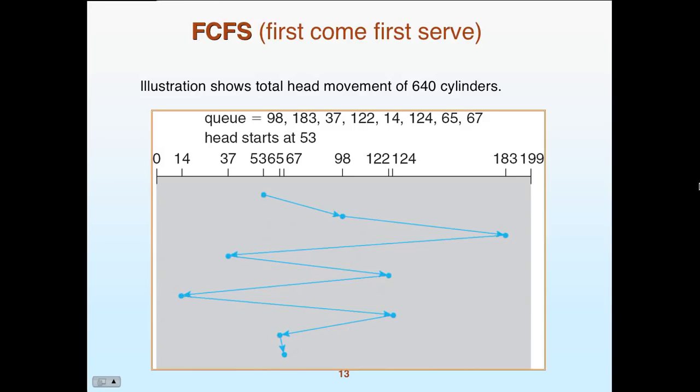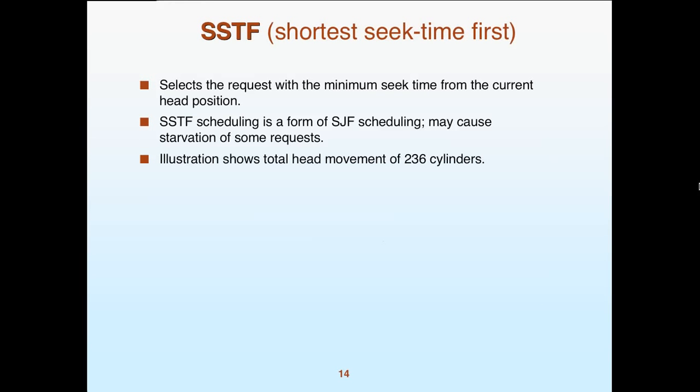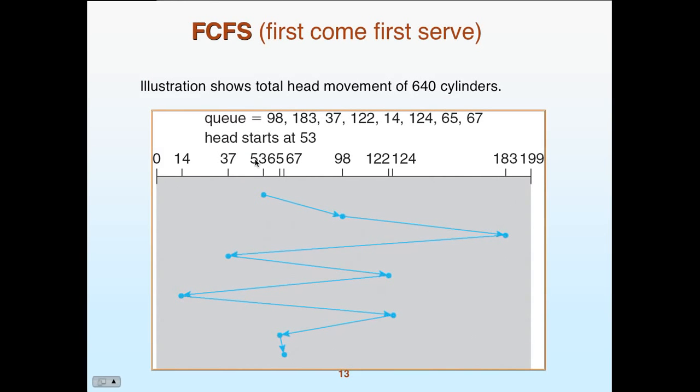This shows how the movement across 640 cylinders is going to look. We have the shortest seek time first approach that we can take, and that approach is going to select the request with the minimum seek time from the current head position, as I mentioned before. That was the alternative approach here. So if we're at 53, the minimum seek time is going to be 37. And then the next one after that, and the next one after that.